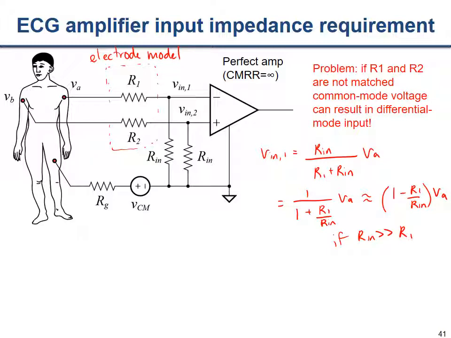Otherwise, we have a lot of attenuation before we even get to our amplifier. So Vin1 minus Vin2 is equal to 1 minus R1 over Rin times VA minus 1 minus R2 over Rin times VB.